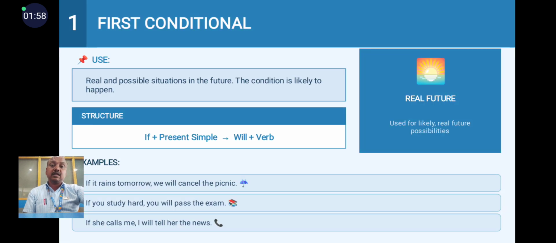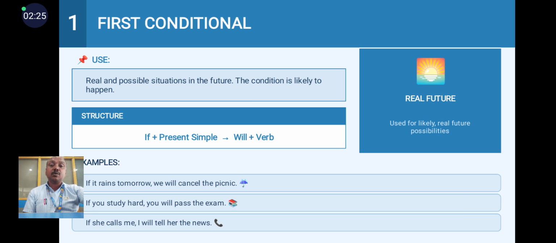Let's move to the next condition, that is the first condition. The use of the first condition is real and possible situations in the future. The condition is likely to happen. The structure is that the if clause should be in present simple and the main clause can have will plus verb, or can plus verb, or may plus verb. Let's discuss the examples.